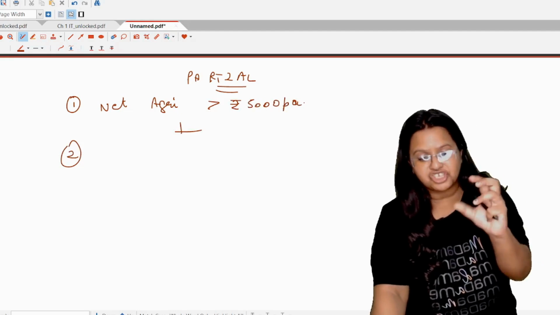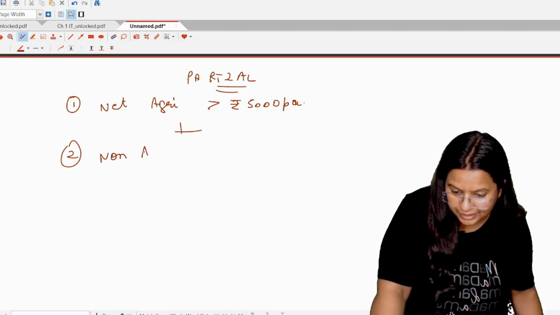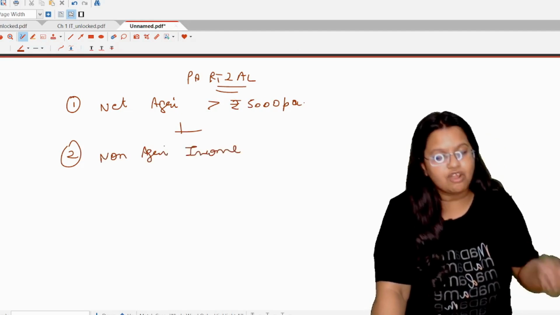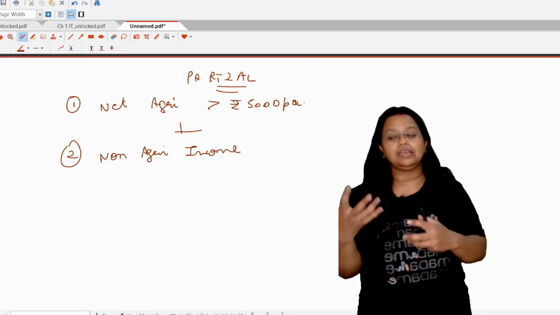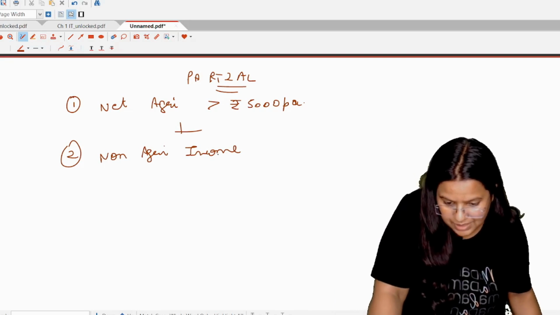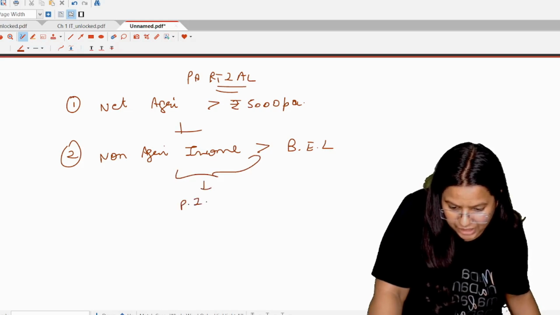It means both the conditions should be satisfied. So the non-agricultural income, like the income from salary, income from house property, income from capital gain and all, must be more than the basic exemption limit. In that case, the partial integration method will be applied.